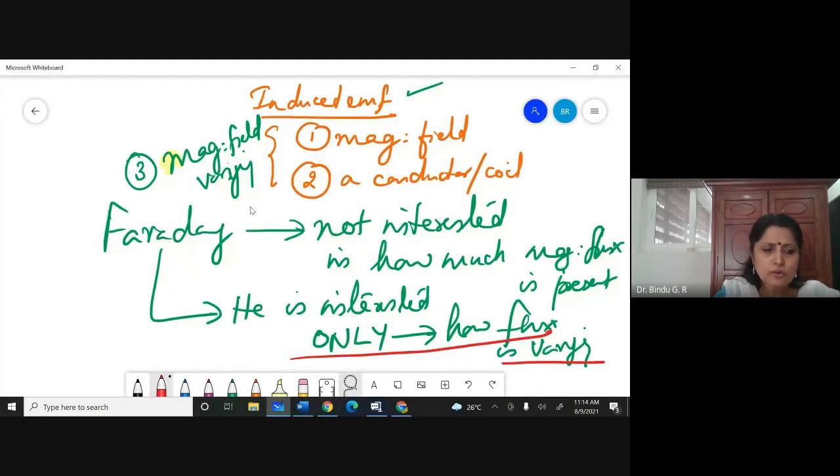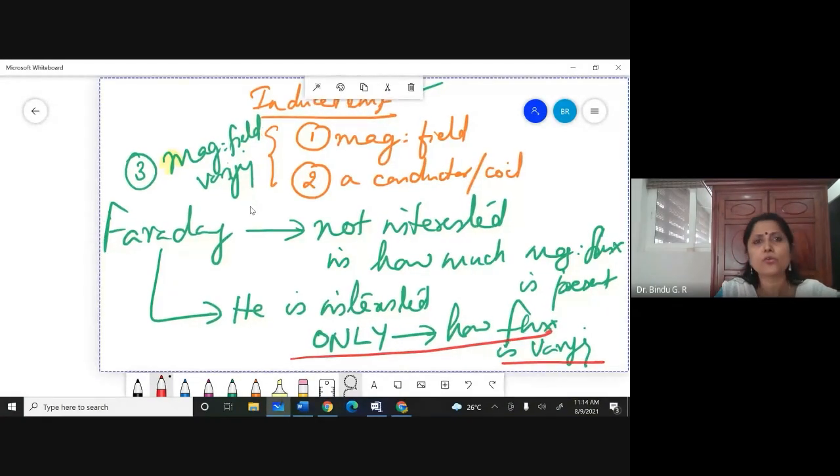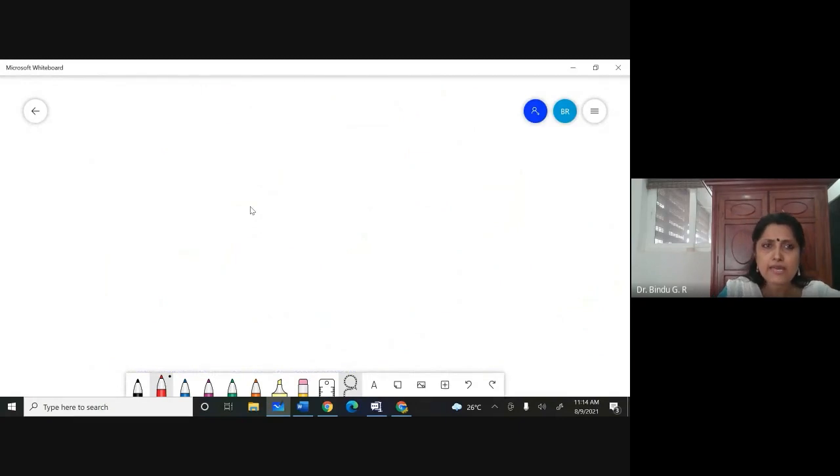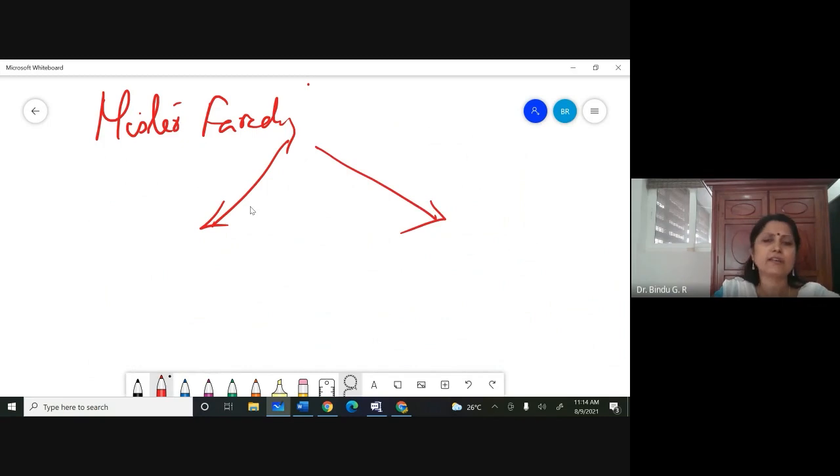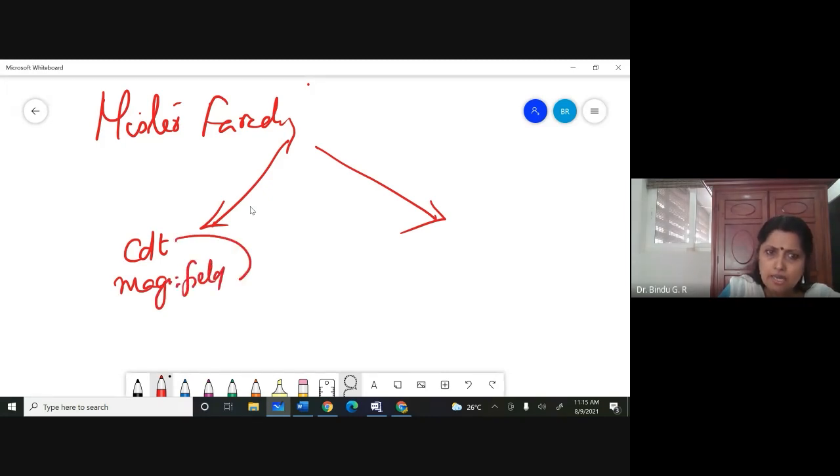So what we can do to make him happy is, Mr. Faraday, we can vary the field in two ways. You can bring in the change in magnetic flux in two ways. You can have a conductor, you can have a magnetic field, and you can rotate the conductor.